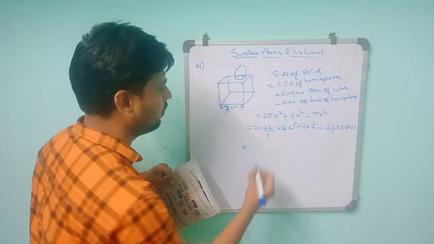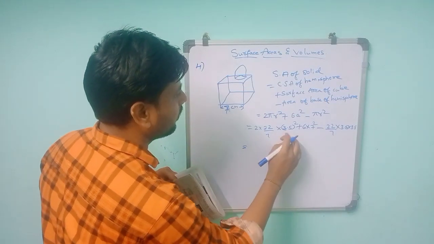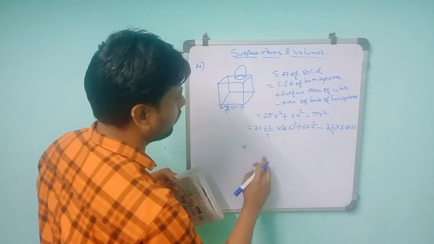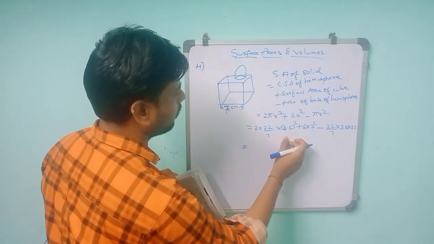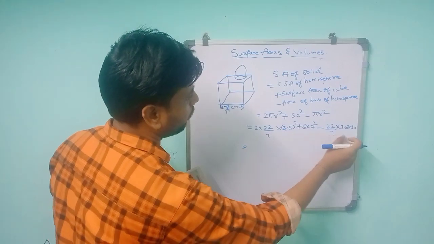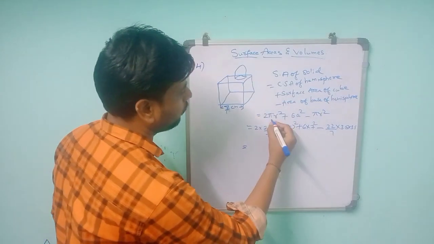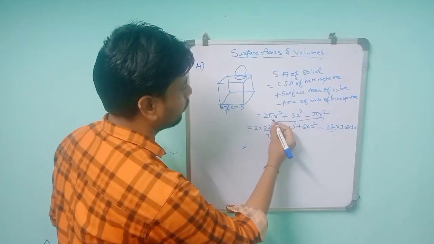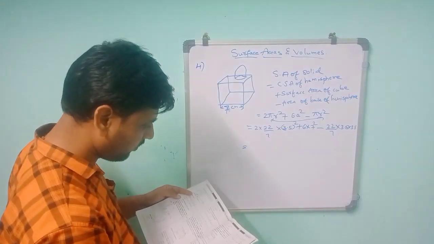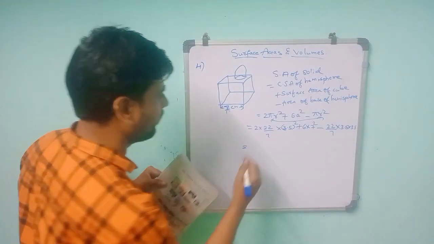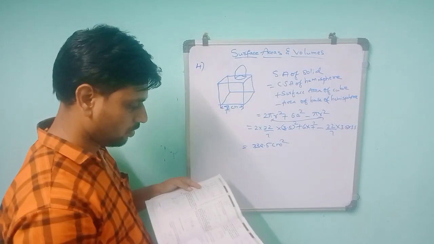You can take 22 by 7 common, and 3.5 also common. So 2 pi r square minus pi r square, you can write directly as pi r square. If not, 2 into 22 by 7 into 3.5 whole square, then 6 into 7 square minus 22 by 7 into 3.5 into 3.5. So 2 pi r square minus pi r square gives pi r square, plus 6a square. After this calculation you will get 332.5 centimeter square.